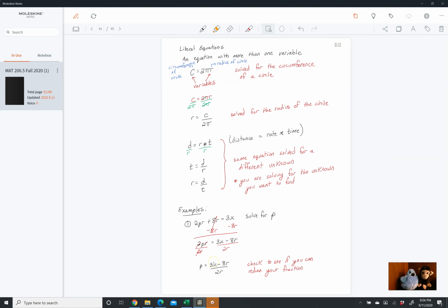Remember we said it's like we are factoring it out of the numerator and then canceling? Okay, so we can't factor this r out of the numerator because 3x doesn't have an r in it. Okay, so what you're looking for is something that every term has in common.